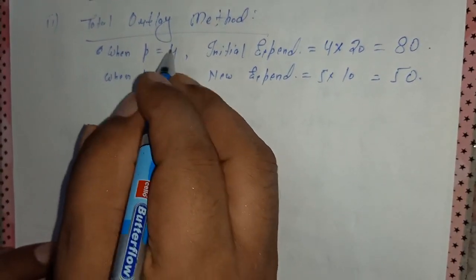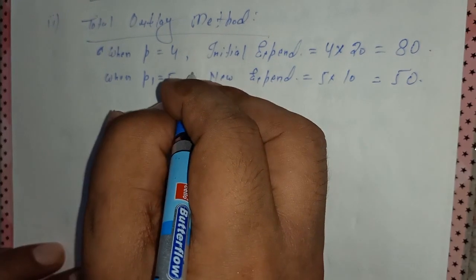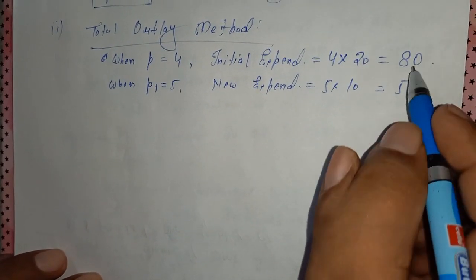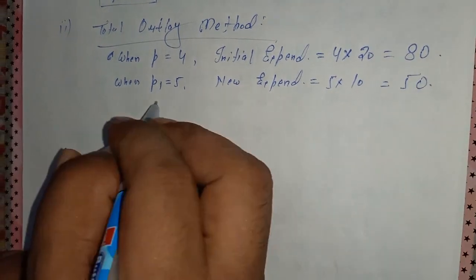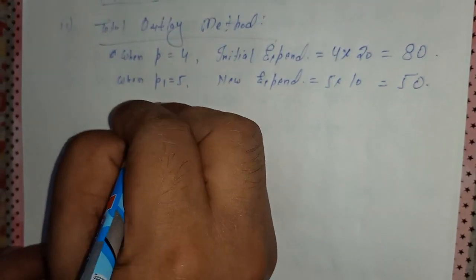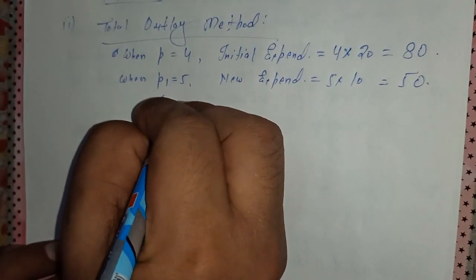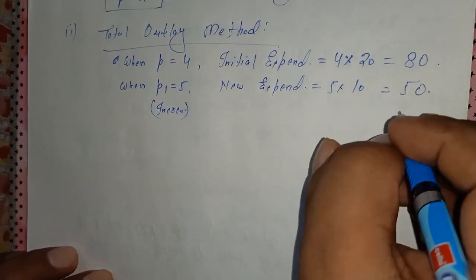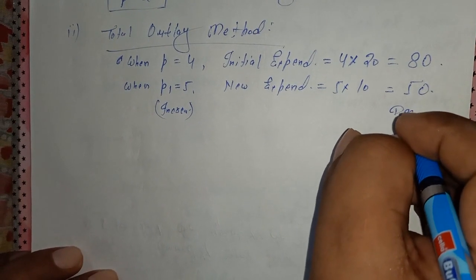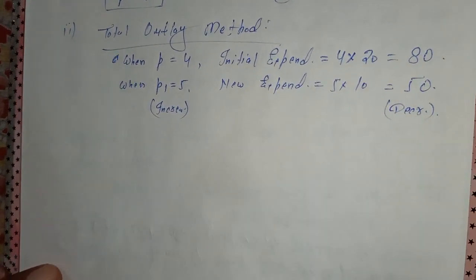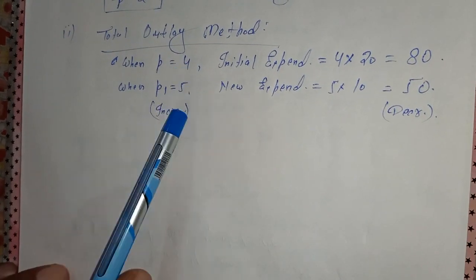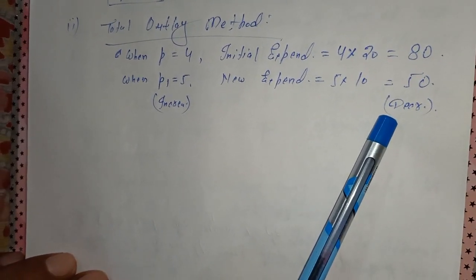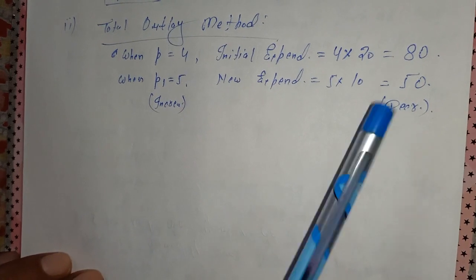You know what you are looking at here? The price is increasing and expenditure is decreasing. So when price is increasing and expenditure is decreasing, then this is the case of relatively price elastic demand.